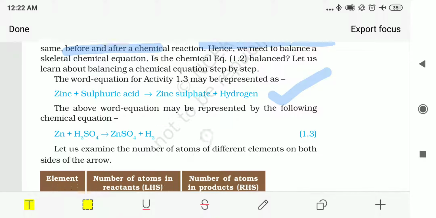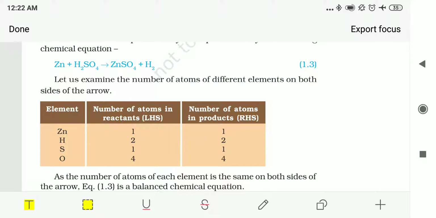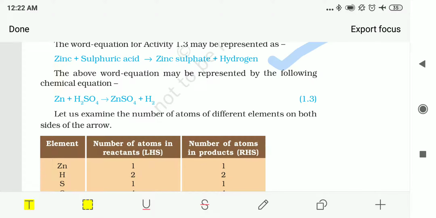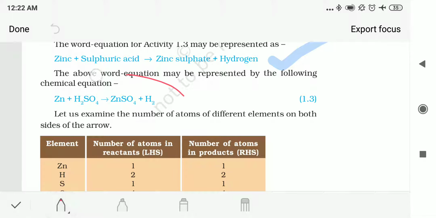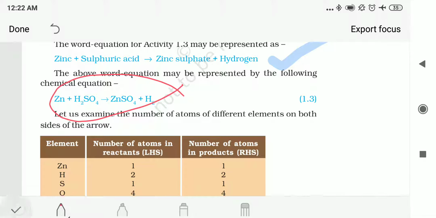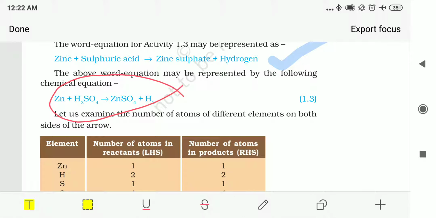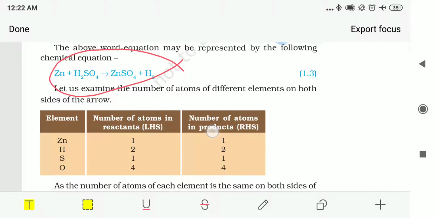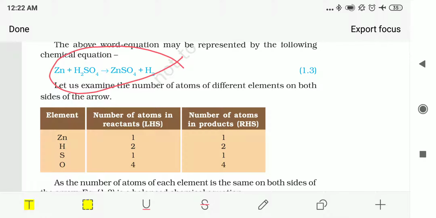So let us examine the number of atoms of different elements on both sides of the arrow. We will take this reaction and examine the number of atoms of all the elements on both sides. You can see a table. First of all we are taking zinc.